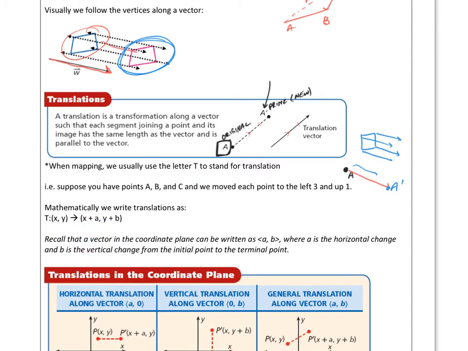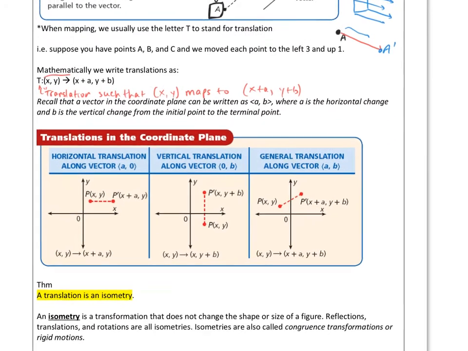Okay, let me write the words out for you here. This T means translation. This means such that, okay, (x, y) maps to (x plus a, y plus b). That's the terminology there.